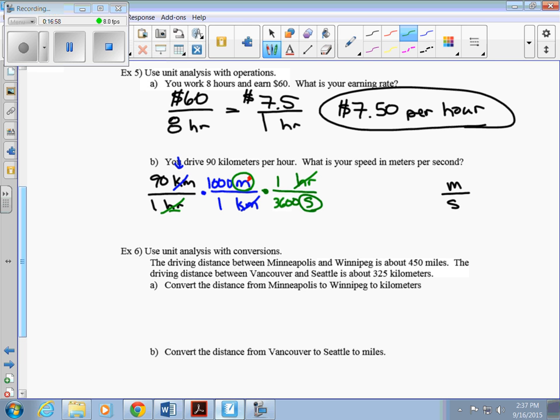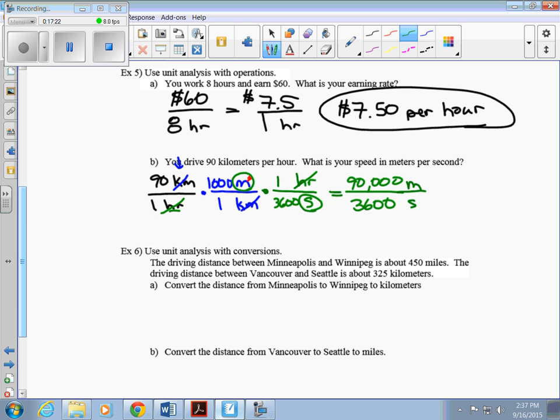So now what we do is we multiply the numerator straight across. 90 times 1,000 is 90,000. And then we have 3,600. And my units, like we said, are meters per second.